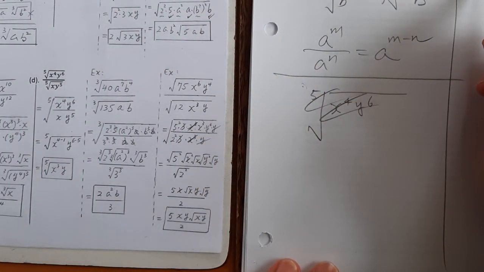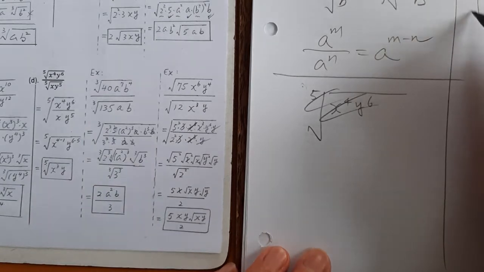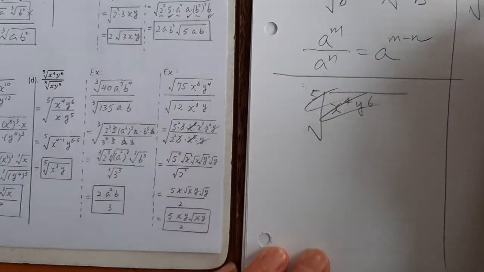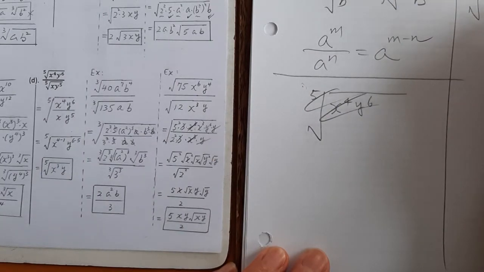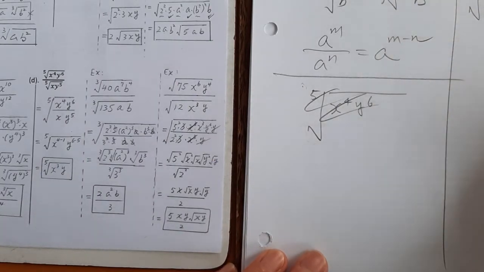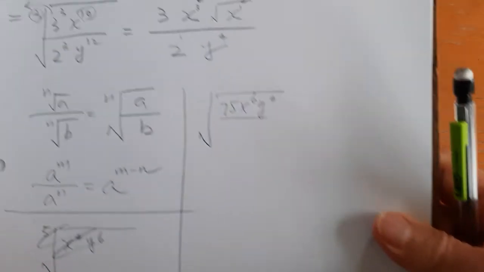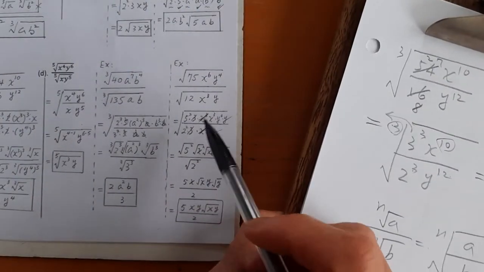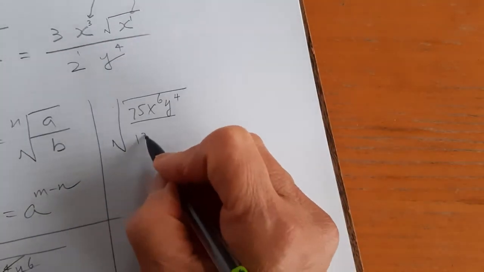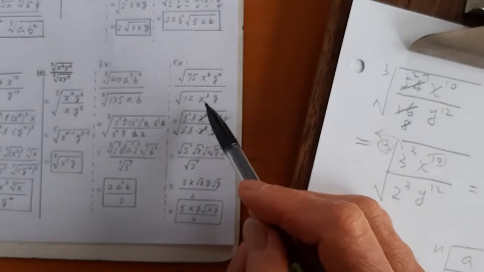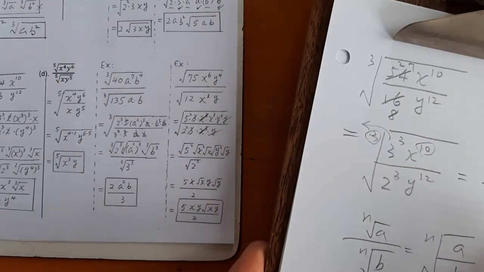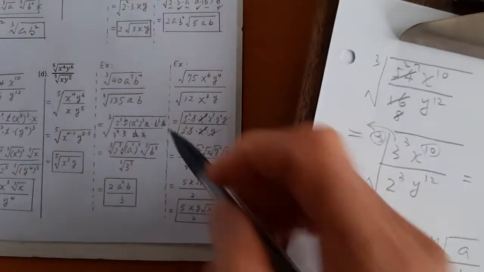It's square root of 75 x to the power 6, y to the power 4 over 12 x to the power 3 y.